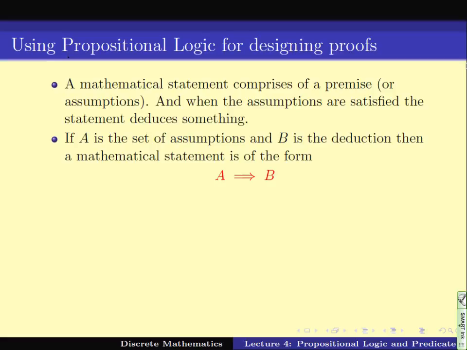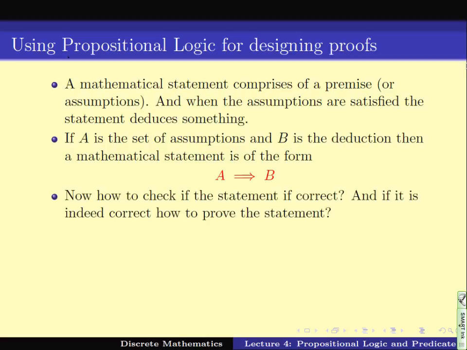Depending upon whether A can be written as an and, or an or, of two or more statements, or B can be written as an and or an or of statements, we can come up with different proof techniques. Now to check whether the statement is correct or not, we need to give a formal proof.